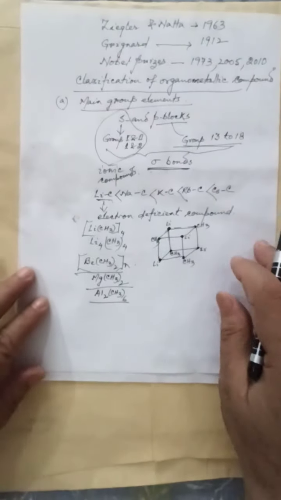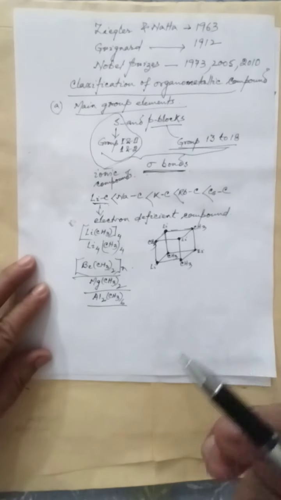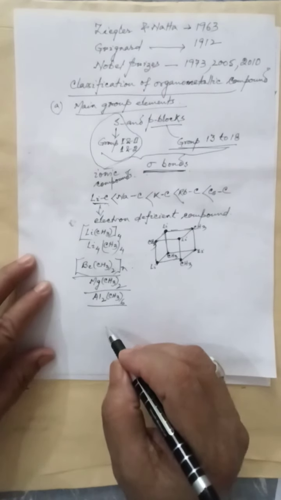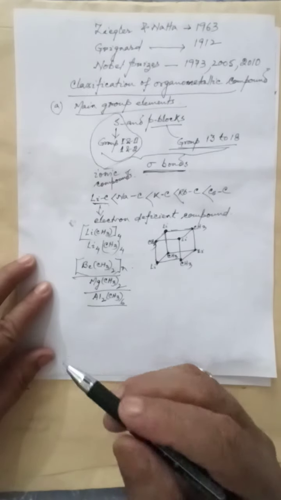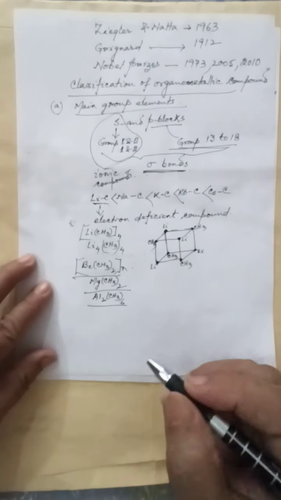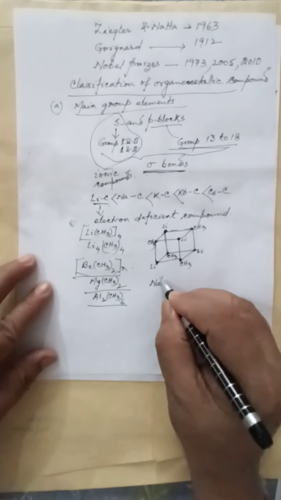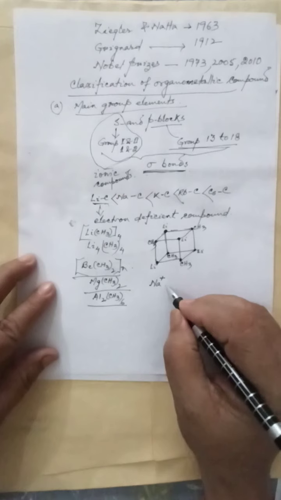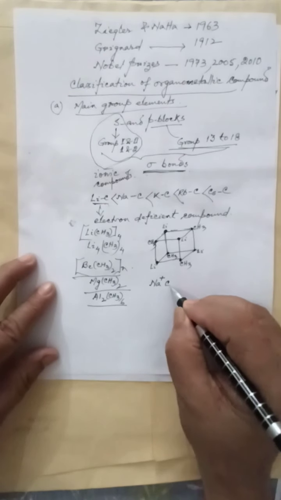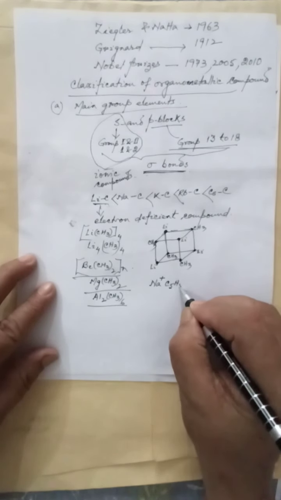The other examples of this category of main group elements: sodium also has a compound which is ionic type, NaC5H5.